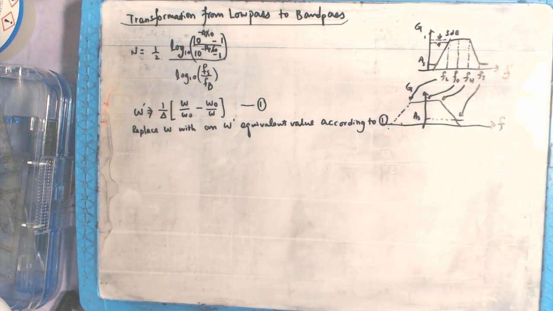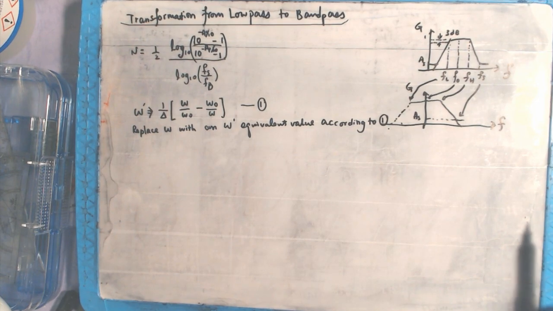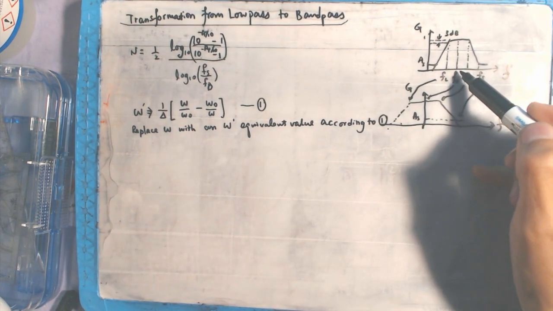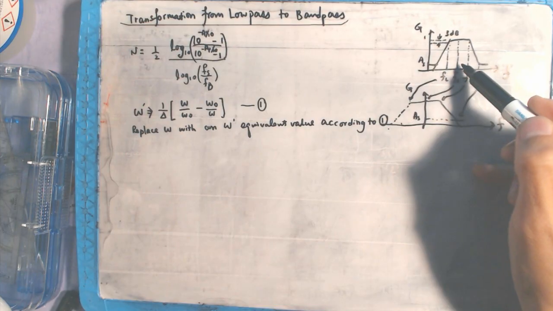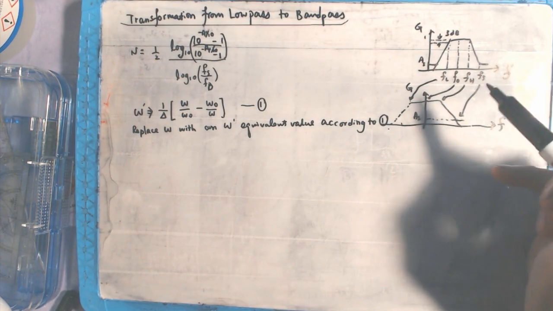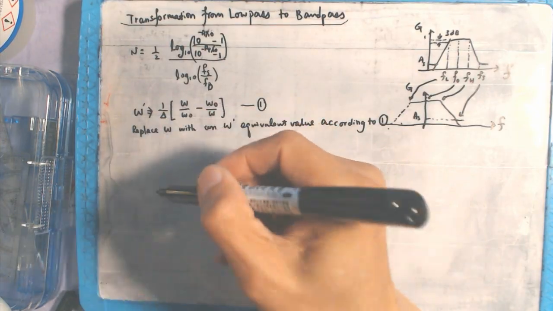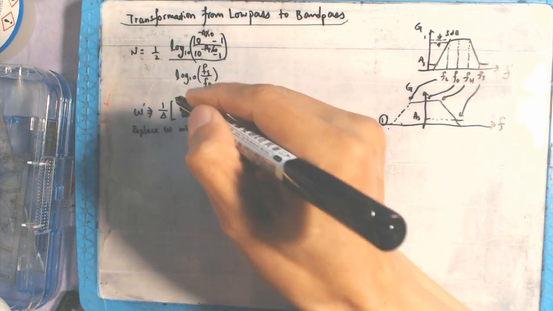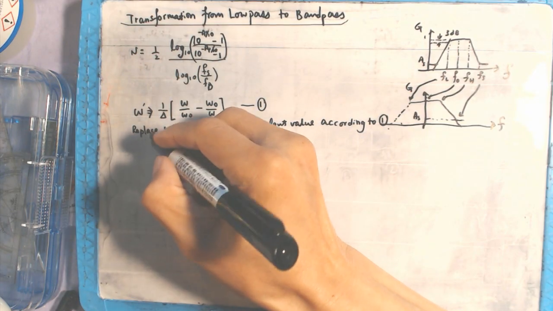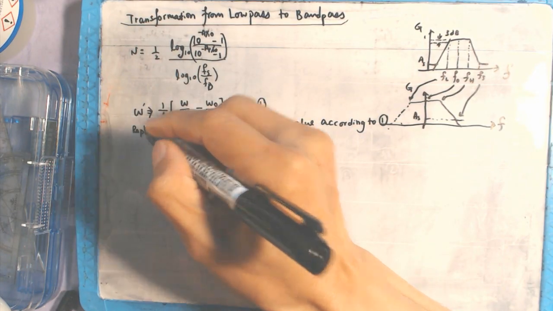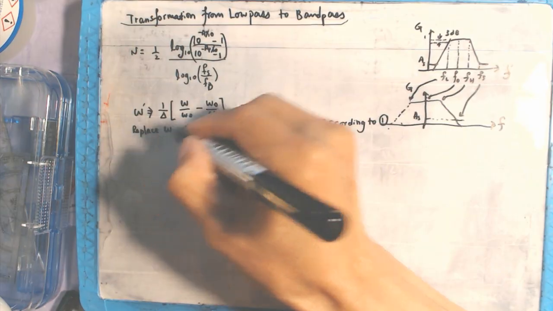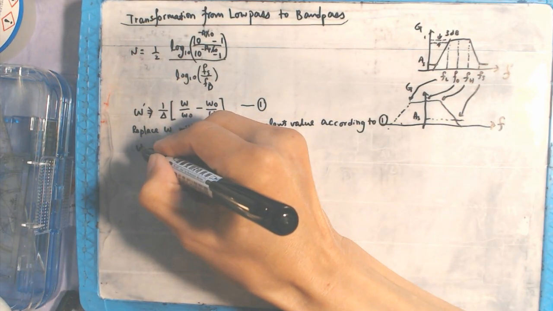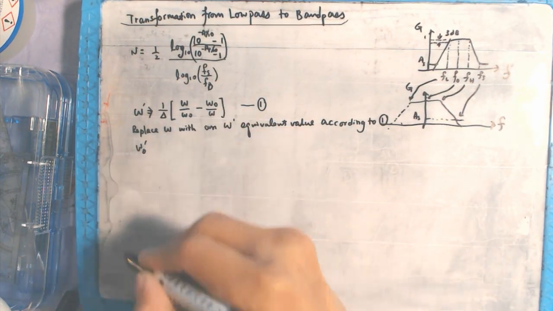Now, for example, I'm going to transform omega naught. So in this case, I will replace omega here with omega naught. So let's see what we can get. We will eventually get, say, omega naught prime, and this is the resonant frequency.